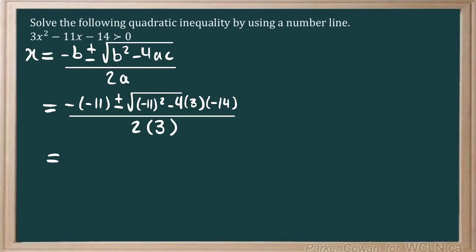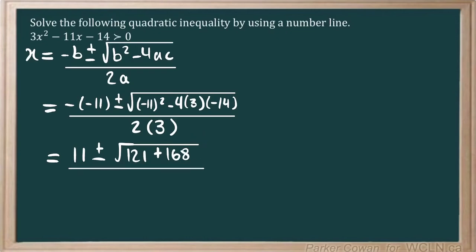Okay, so we're going to have to go through and calculate this all. So let me just extend this out a bit. There we go. So if we calculate, first we have these two negatives canceling out, and then in the square root bracket here, we're going to have 121, and then if we multiply all those other together, we have 168, and then on the bottom we'll have 6.